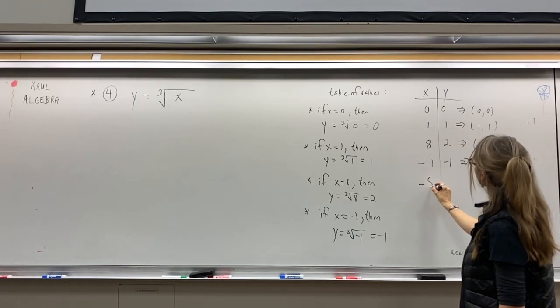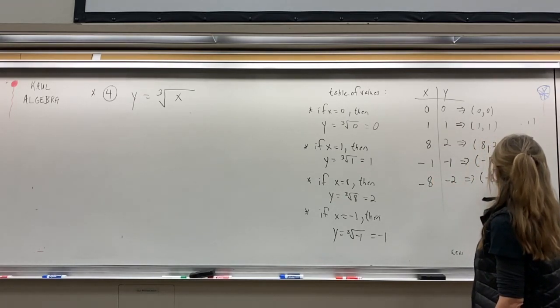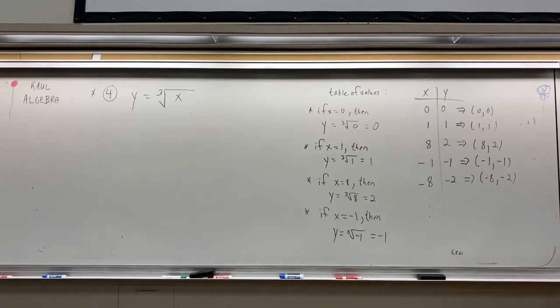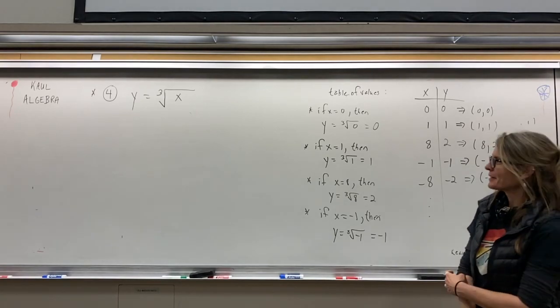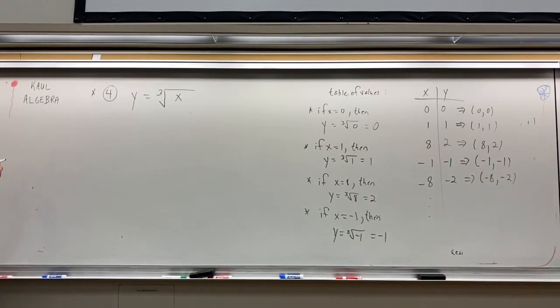And we could go -8, -2, and onwards. And we could add an infinite number of points. Just depends on how much time is available to you. So that should give us enough to get the essence of the graph.